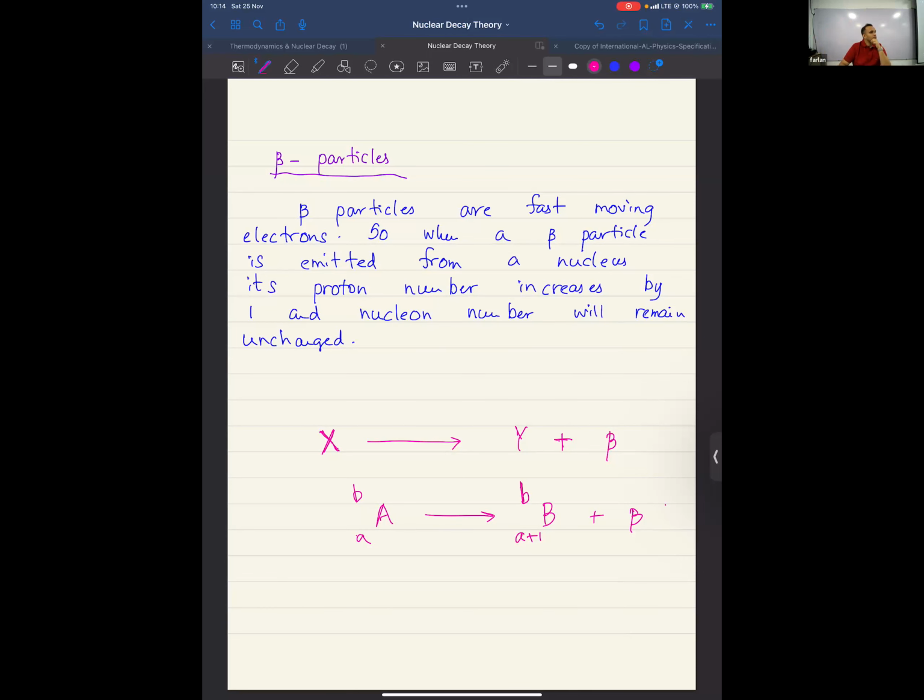What does nucleon number mean? Protons plus neutrons. The number of neutrons is reducing by 1, the number of protons is increasing by 1, so the total will remain unchanged. So in a beta minus emission, the nucleon number will remain unchanged and the proton number will increase by 1. Understood?